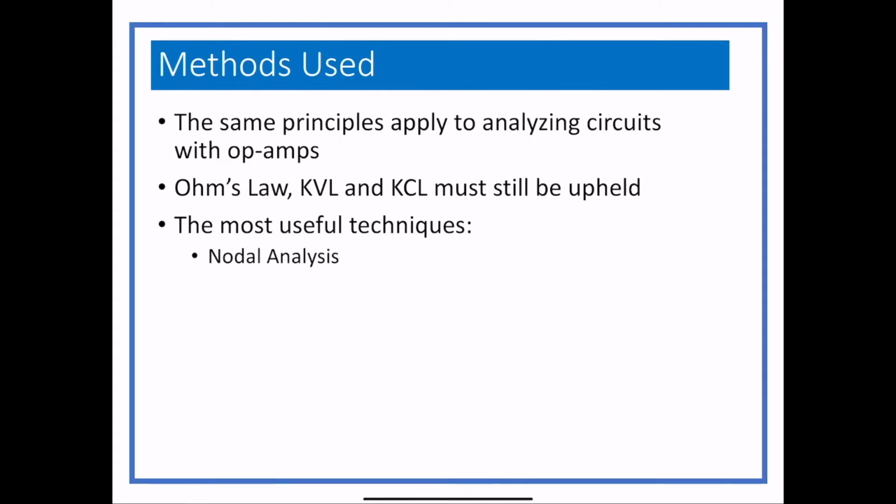And we'll use nodal analysis and superposition. And superposition is what we will use the most. So I'm going to go over superposition just briefly and show you an example from Circuits 1, which shows why it seems useless, but it's actually quite useful for op-amp circuits.